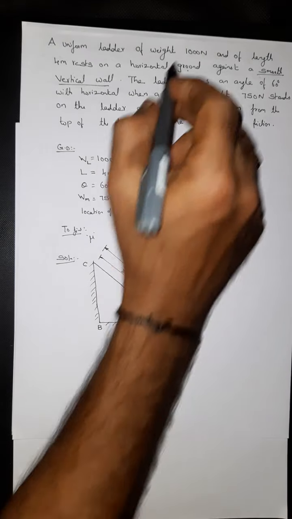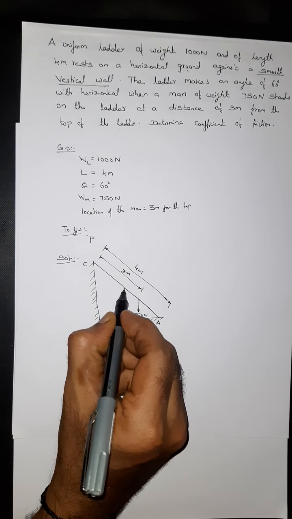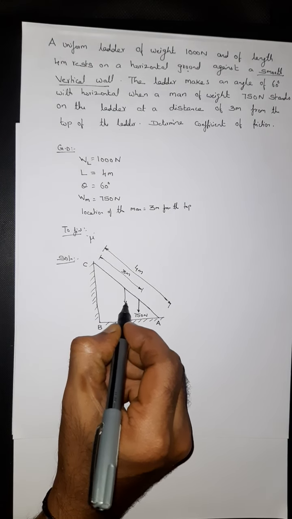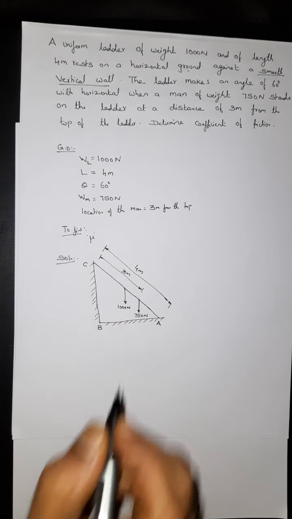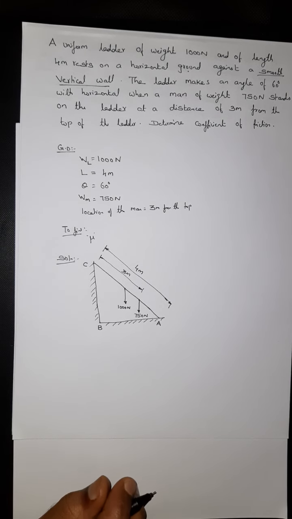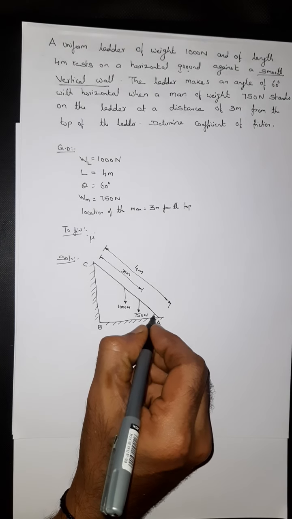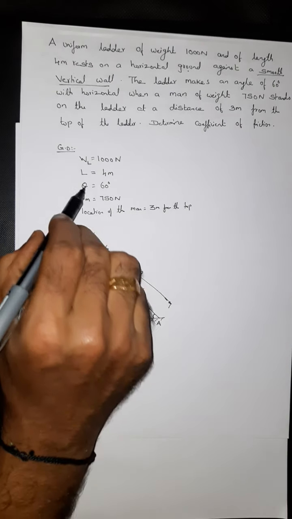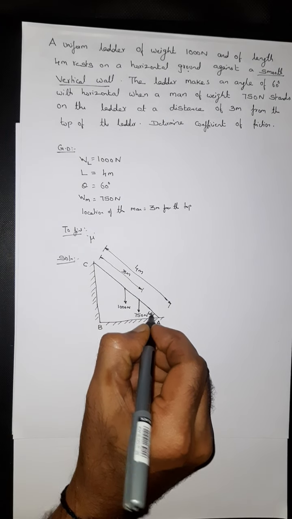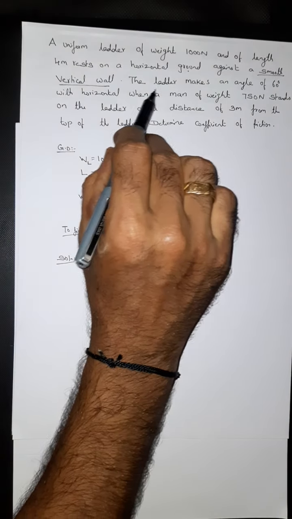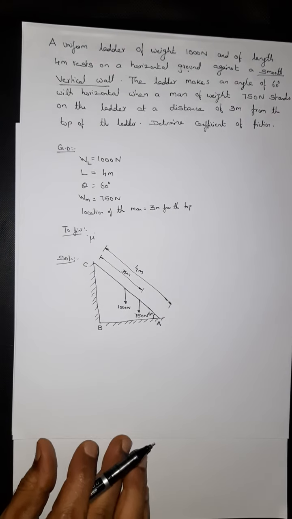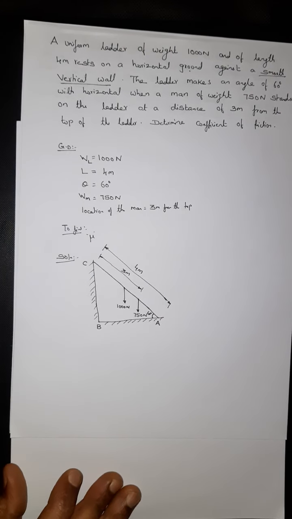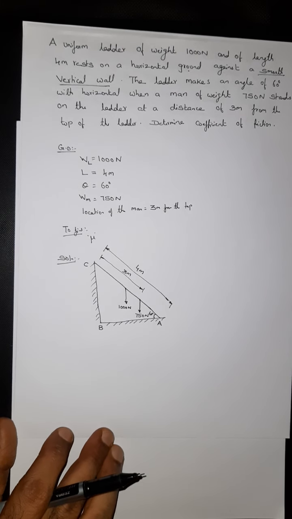The own weight of the ladder is 1000 Newton, which will act at the center of the ladder. Clear? And the angle, that is theta, is 60 degree with respect to the horizontal. Fine. So this is the picture.